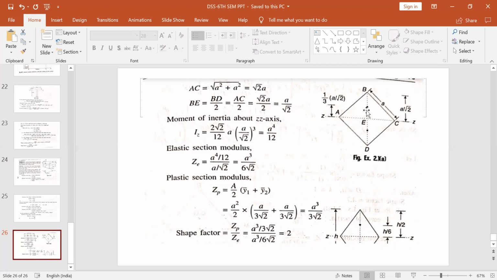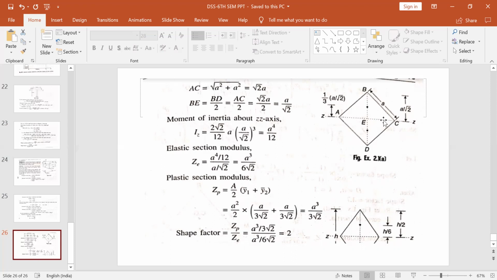And these are on both sides. For this triangle also you are doing it, and for this triangle also. So this value of 2 comes in. So this gives you A to the power 4 by 12. So directly also, for a square section in which the base is placed along the diagonal, you can take the moment of inertia as A to the power 4 by 12. But in this problem it is shown how this value comes.